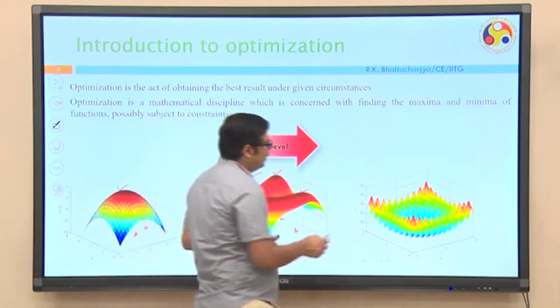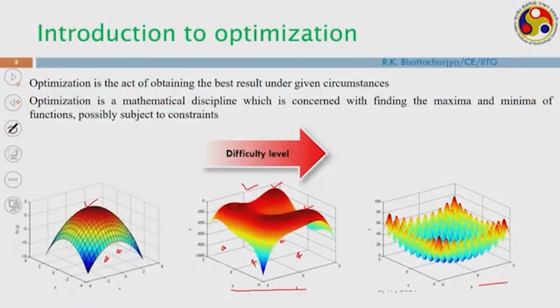However, if you look at the third problem, that is not an easy problem. There are several local optimal solutions, and one of them is the global optimal solution of this function. It is quite difficult to solve this problem using classical optimization techniques. In that case you need some special treatment, or some specialized algorithm for solving such a type of problem.